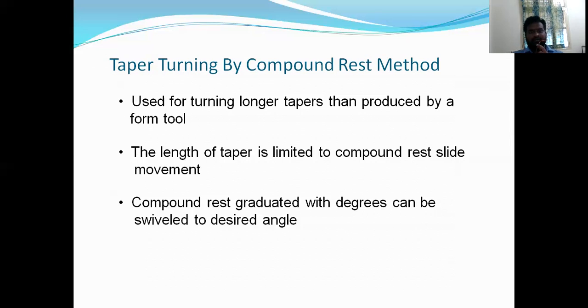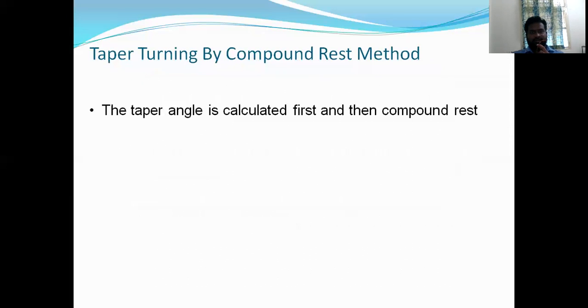Here we need some inclination angle, so those angles are graduated on the compound rest, so we can swivel to a desired angle. The compound rest is graduated with degrees and it can be swiveled to a desired angle, right?